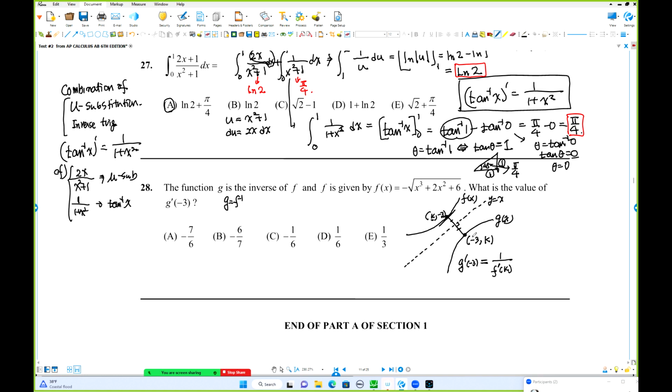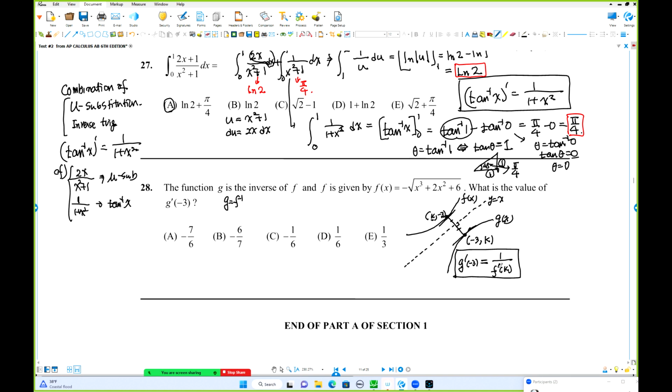So the derivative at x equal to -3 of this slope. They are reciprocals of each other. That's the rule. So to find this directly, better to find 1 over f prime of k. That's the easiest way.